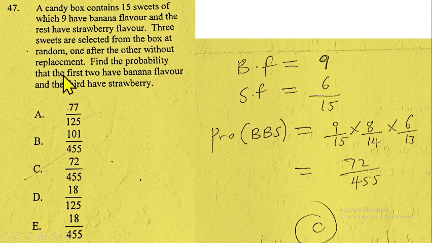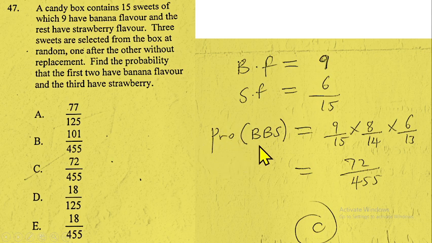Find the probability that the first 2 have banana flavor and the third has strawberry. That means they have already given us the arrangement. The first 2 have banana flavor and the last one has strawberry. So banana flavor is 9, strawberry is 6. That means the total sweets there is 15, that is the total outcome.